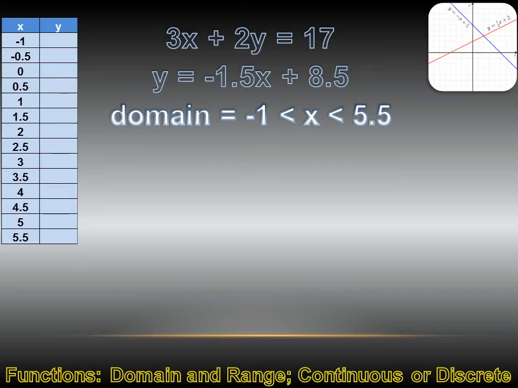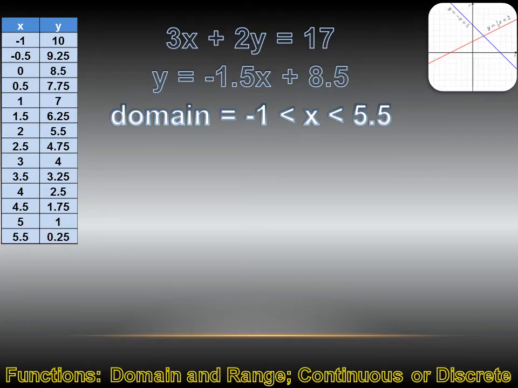Now, I could determine, using my function, what my y values were. And those are the y values that would come out of this function. Now, I can determine my range. My smallest y value, which corresponds to my largest x value, is 0.25.